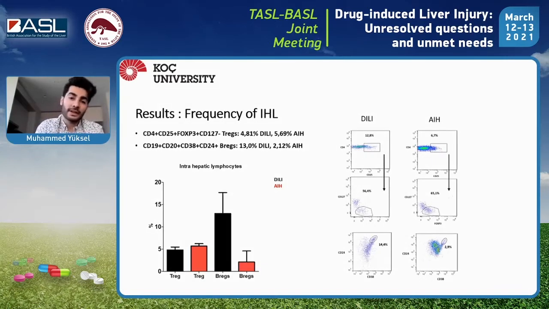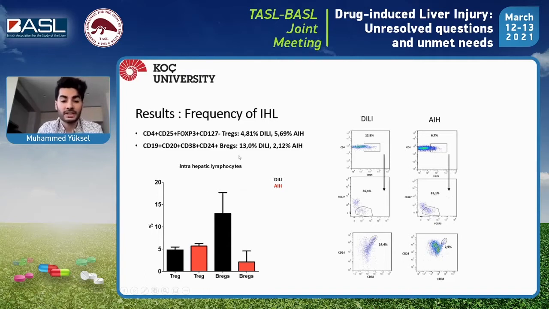Then we have also investigated immunoregulatory T and B cells, to start with the Tregs defined as CD4 positive, CD25 positive cells, which we then further gated onto FOXP3 positive cells, yet not expressing CD127. And there wasn't any difference between the two conditions.